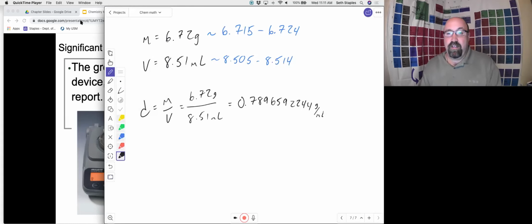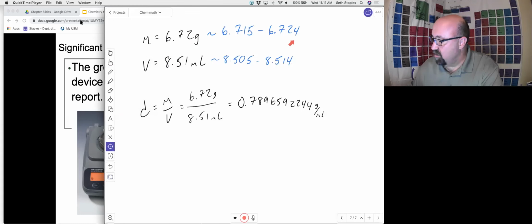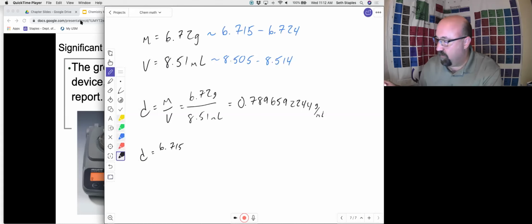And so that's what our calculator is going to return to us for an answer. But again, we know that our measurements are actually in these ranges here. And so hypothetically, the density could be as small as, if we use the smallest of the range for our mass, 6.715, that's the smallest that our mass could be, and still return 6.72 for our measurement.